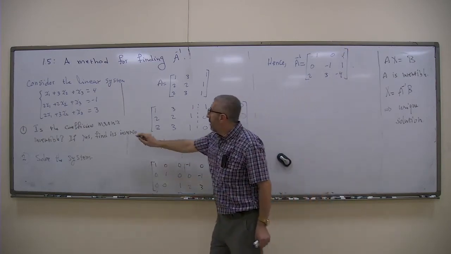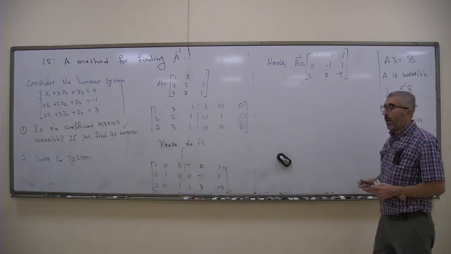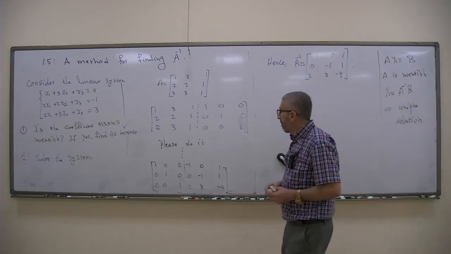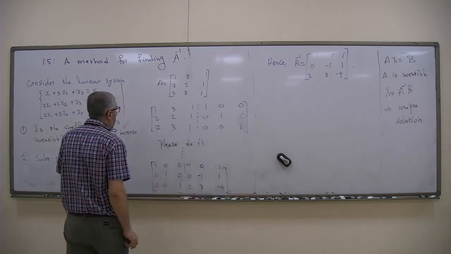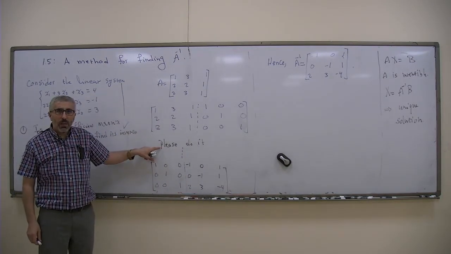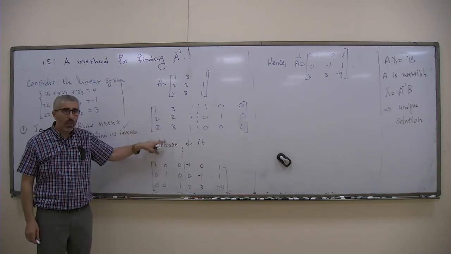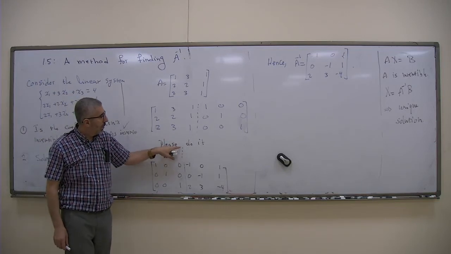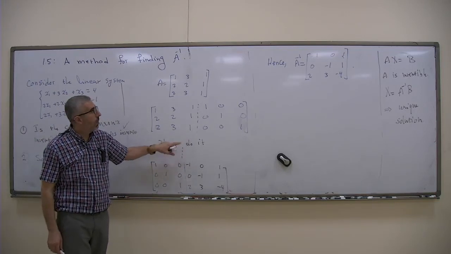So we answered the first part of my question. Again, let me stress this. Elementary row operations, they are very simple, but you need to practice doing this fast, okay? So don't forget, you need here to do this at home.